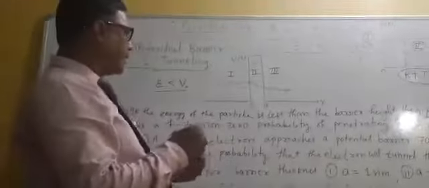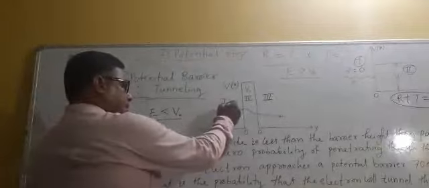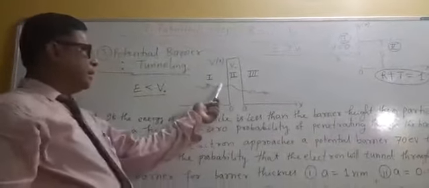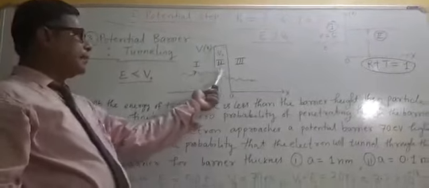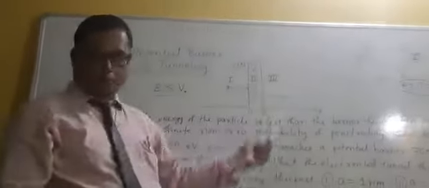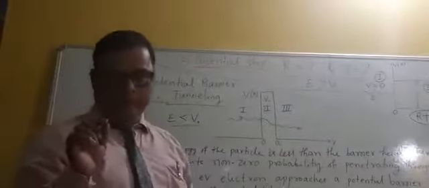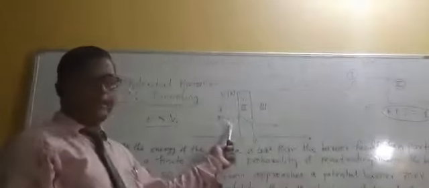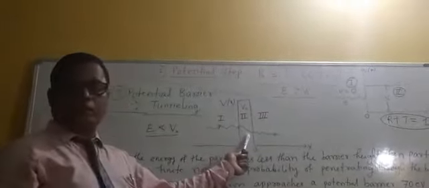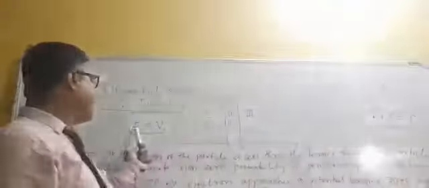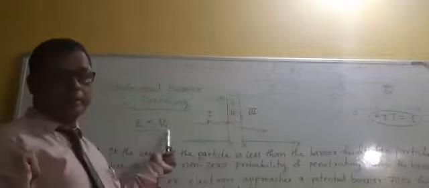When the particle is incident from region 1 to region 2, classical mechanics says that the particle cannot go to region 3. But quantum mechanically, there is a finite probability that the particle can enter through region 2 and reach region 3 even if the energy is less than V naught.